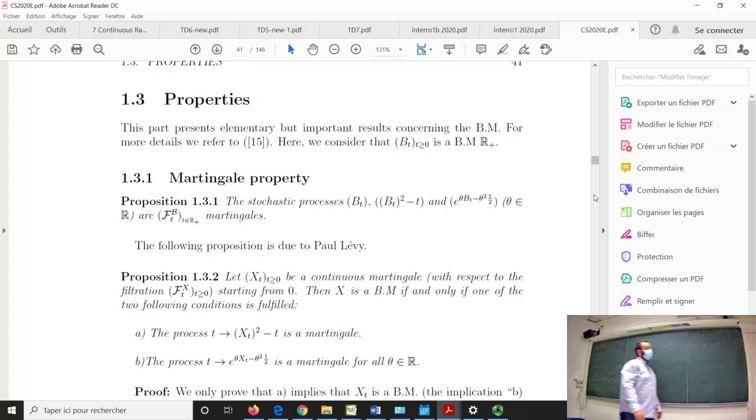Now, here it's a little bit more complicated because I have the square, so I have several ways to do this.